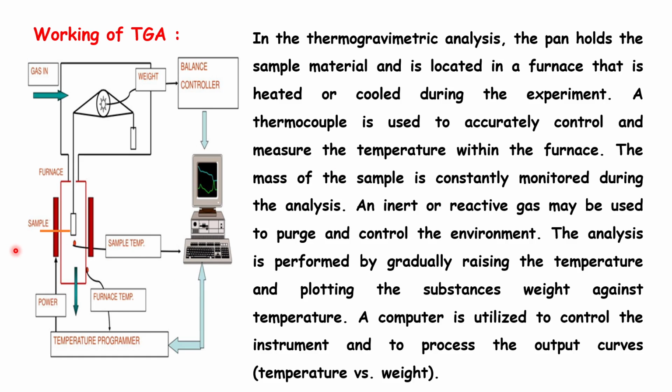When the sample in the sample holder is heated by the heat provided by the furnace, the change in the mass of the substance can be recorded by using the weighing balance. The weighing balance is connected to the microprocessor, and the microprocessor records that variation with the temperature.